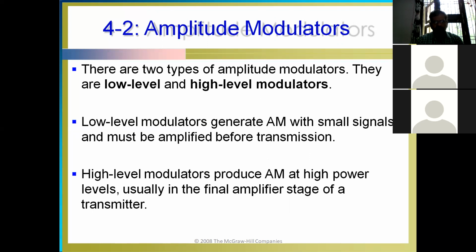High level modulators produce AM at high power levels, usually in the final amplifier stage of a transmitter. So in amplitude modulation systems, these two types of modulators are used: the first is low level and the second is high level.